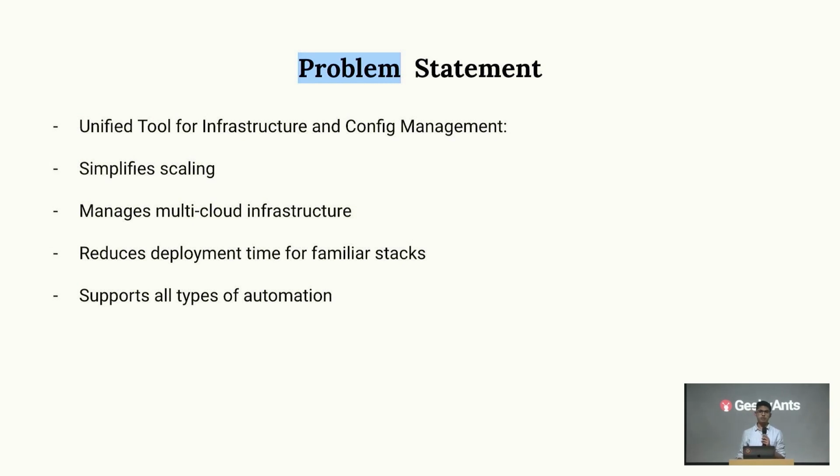When it comes to the problem statement, the major thing that we were looking at was automating infra and configuration management. Ansible provided us a unified tool using which we can do both. Second thing is it simplifies scaling. How does it simplify scaling?